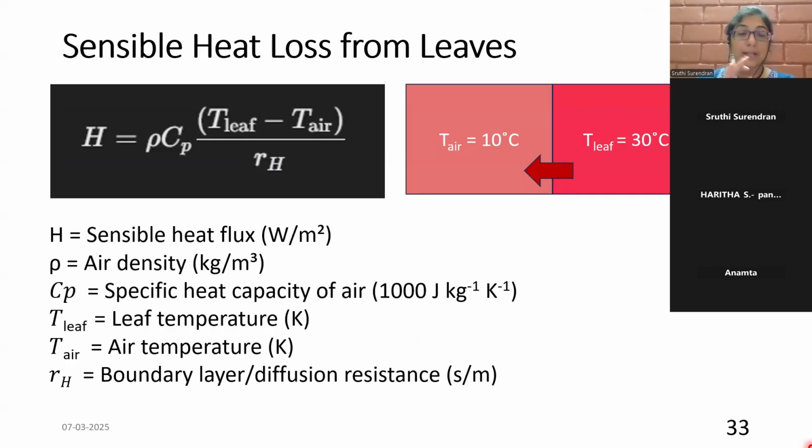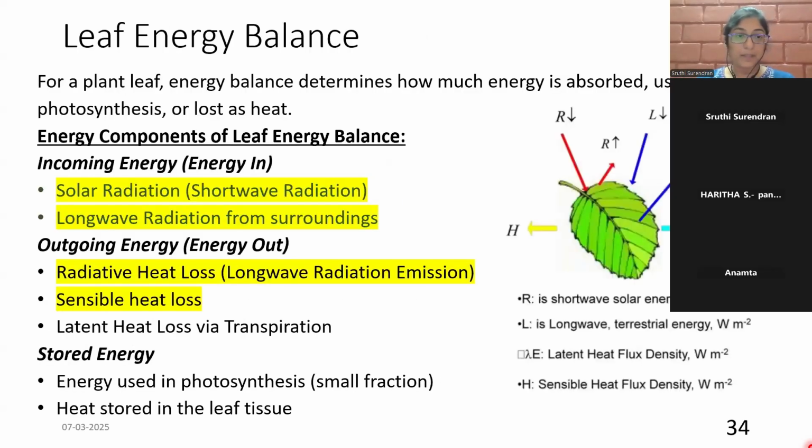Basically, temperature is increasing or decreasing in case of sensible heat. So it is called sensible heat because we can sense it, with a thermometer or by feeling it, because there's a change in temperature. So we looked at what sensible heat loss is. Now what we'll look into is what is latent heat loss.